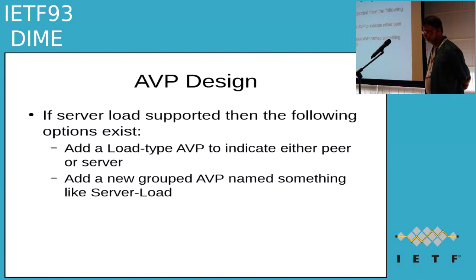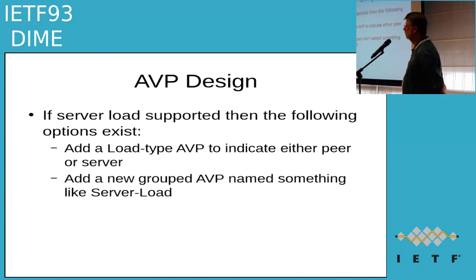They don't need to look at the load type. It's always peer. The second point is that a Diameter node will look at the server load only if it is a node that may need to use the server load. A node that doesn't have to do server selection does not have to address this grouped AVP.